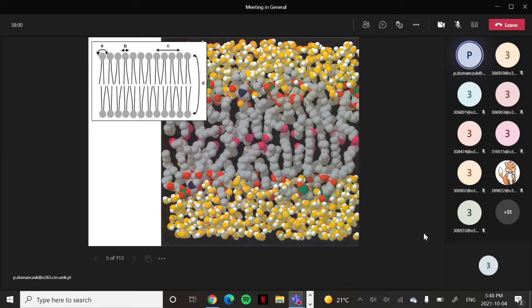And of course, the organisms which are able to keep their internal temperature at a relatively stable level are those capable of producing enough metabolic heat inside their bodies, so-called endothermic organisms.